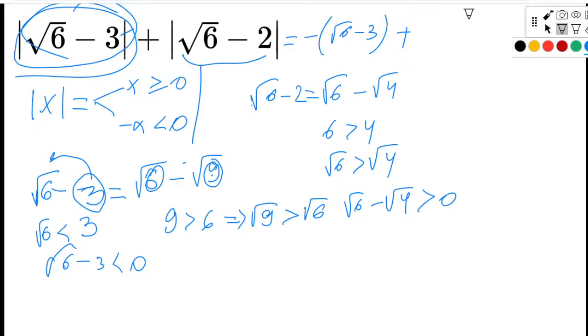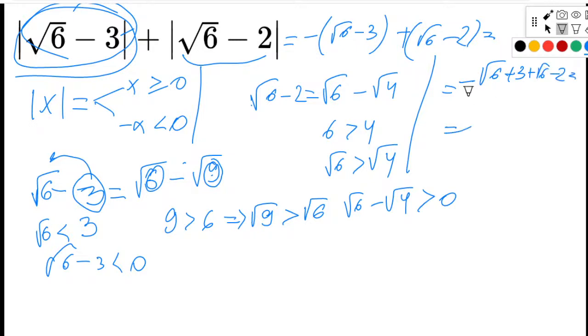We keep it as it is, and we write square root of 6 minus 2. And this would be equal to minus square root of 6 plus 3 plus square root of 6 minus 2. This would be minus square root of 6 and square root of 6 are gone, and we have 3 minus 2, it equals to 1.